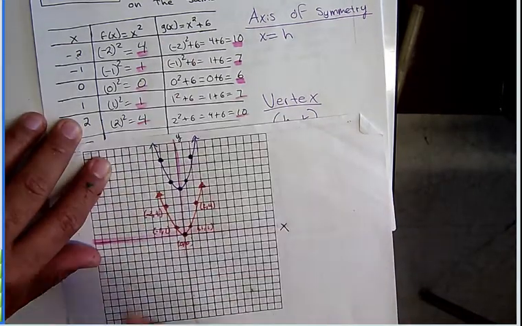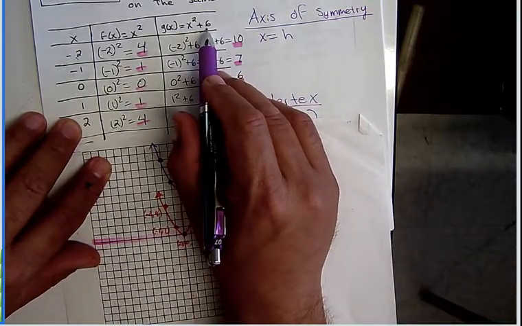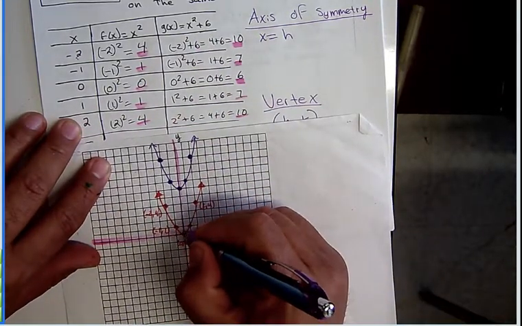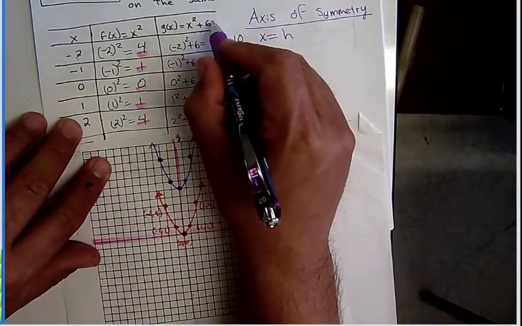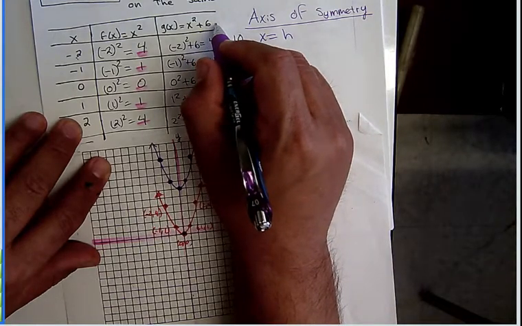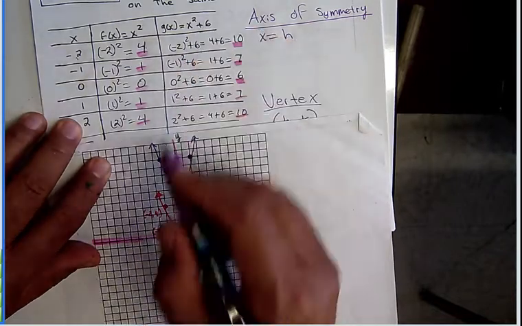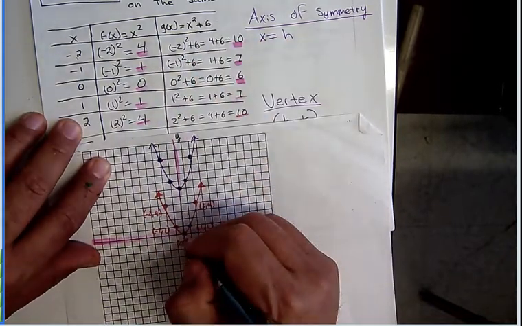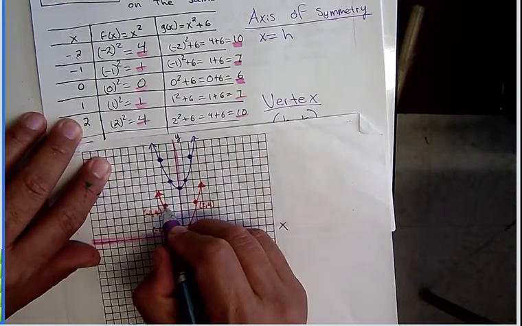Now you should understand that the 6 here means you move the graph 6 units up. Whenever you see a constant, a number with no letters, not attached to anything, that becomes the vertical shift, where you move every dot 6 units up.